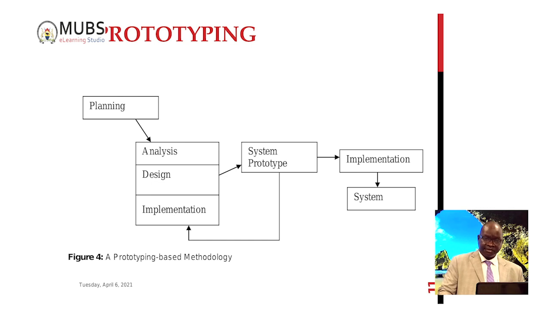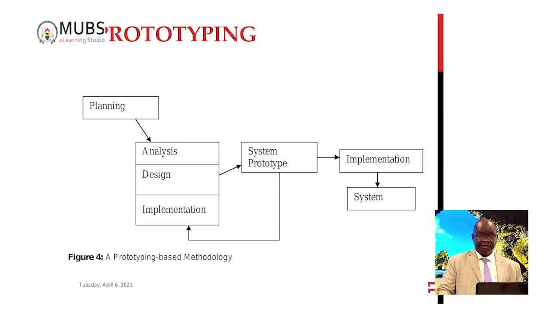So, based on their suggestions and comments, you go back to analysis. You do the second analysis, second design, and second implementation. So you come up with prototype 2, which will be an improved version of prototype 1.